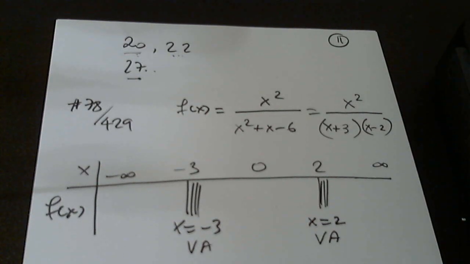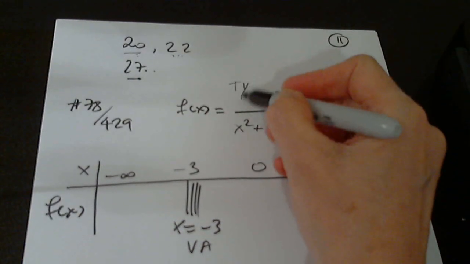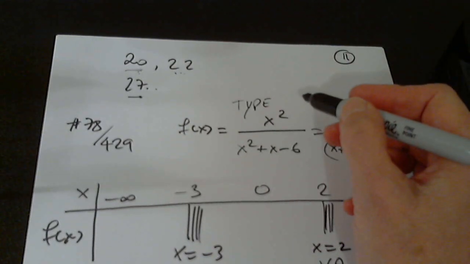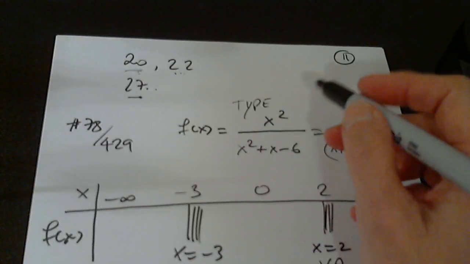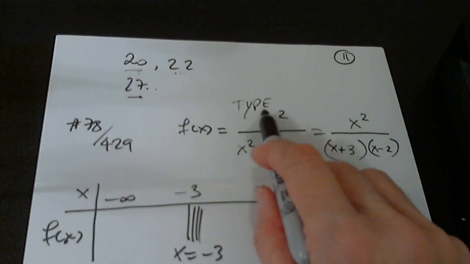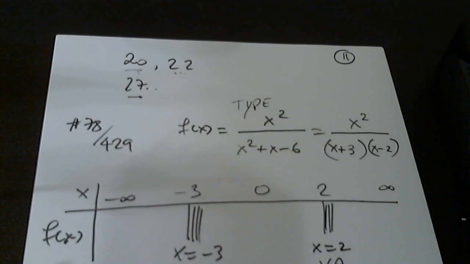Can anyone give us the horizontal asymptote and the type? What type is this? Is it type 1 or type 2?